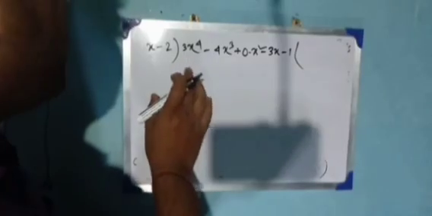So this is the dividend polynomial, this is the divisor polynomial. So if we divide it, the division is already done.